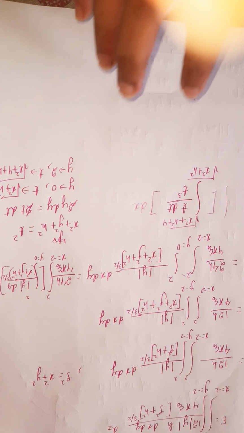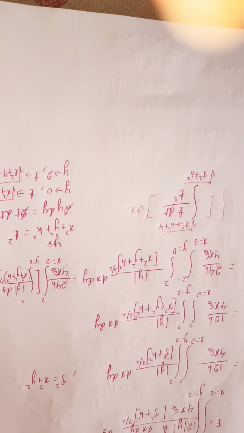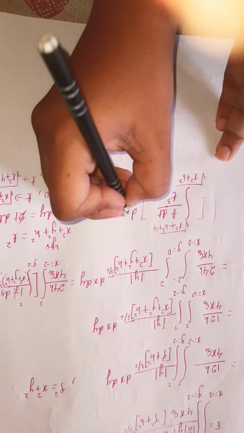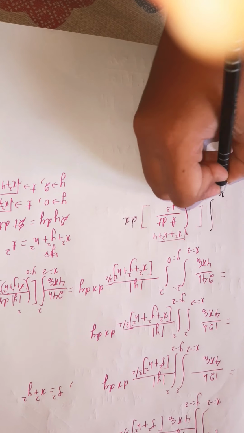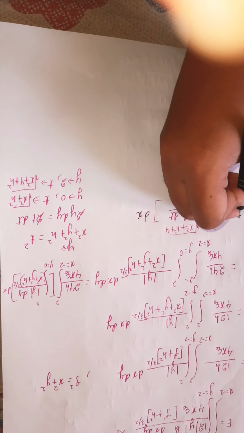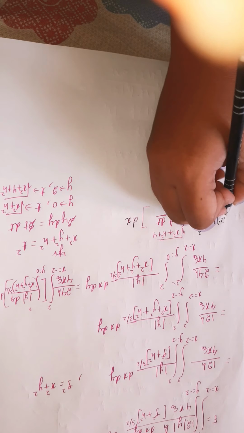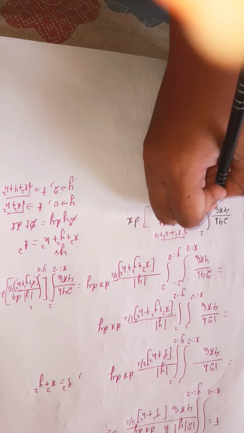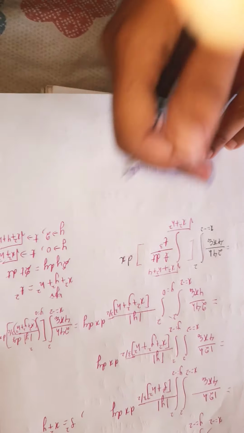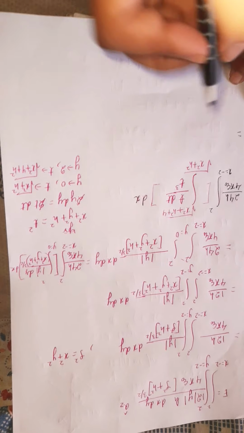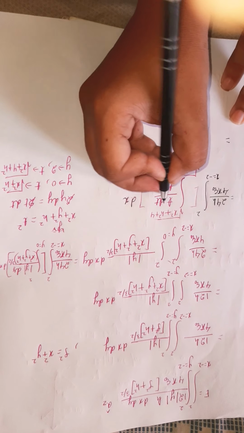Well, I think I need another pen. dx, integrate this x from minus 2 to 2. Ahead I can write 24h by 4 pi epsilon naught. Then you can integrate this simple integration.